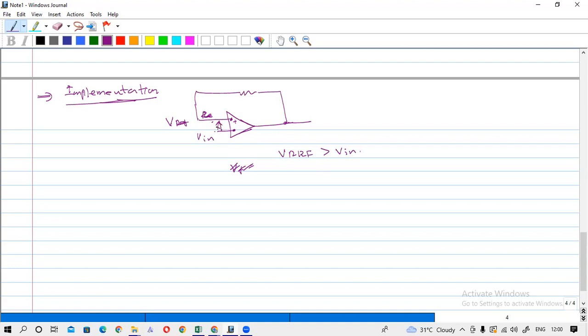So in this direction you have a plus voltage value. And if V in is less than Vref, here you have a minus voltage value. So I think you can interpret this using the basic operational amplifier circuits. So try to interpret it.